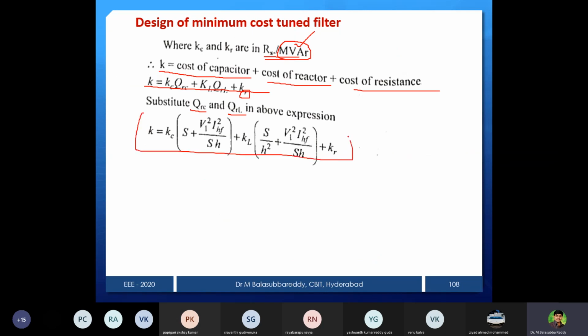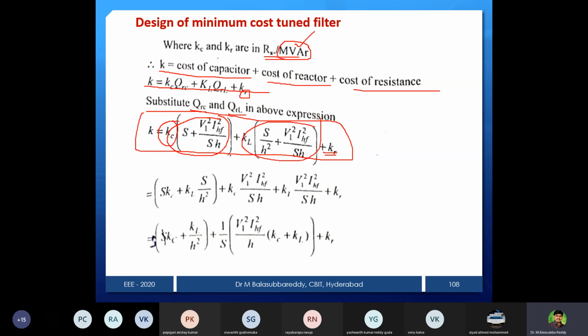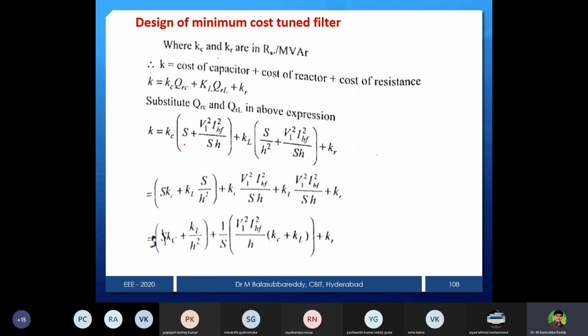Then the total K is equal to this term, which I call K into QRC, and this term, which we can represent as K into QRL. Then the last term I call a constant, the resistor value. Now it is only a simple simplification. I multiplied Kc inside, and KL also inside, and I am taking S common.